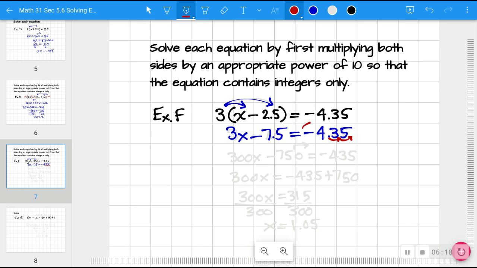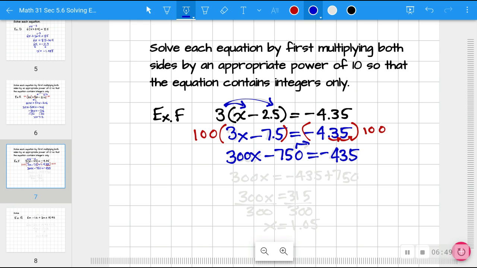And that tells me that both sides have to be multiplied by more than 10. They'll be multiplied by 100. That's the one you multiply by when you want to move it 2 spots. So your decimal goes over 2 places. This would be 300x. And when you take 100 times 7.5, you get 750. And then finally, when you move the decimal over on this one, it clears that decimal out of the problem. And we've cleared all the decimals now.